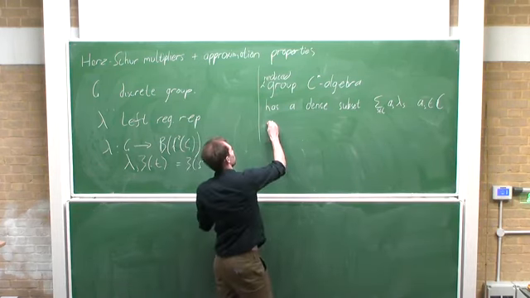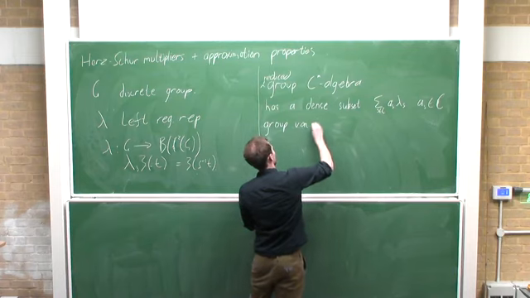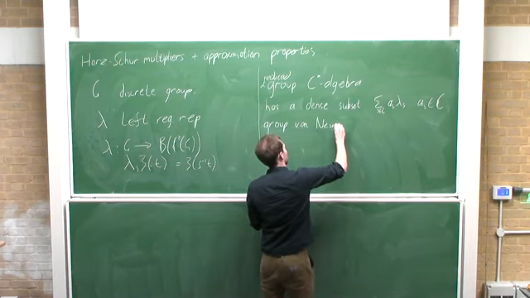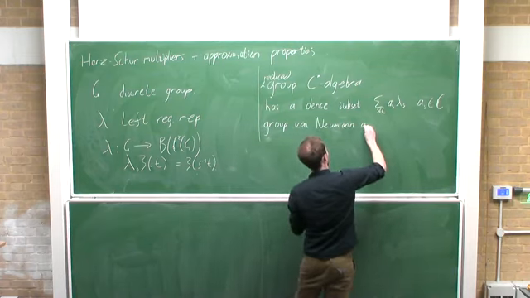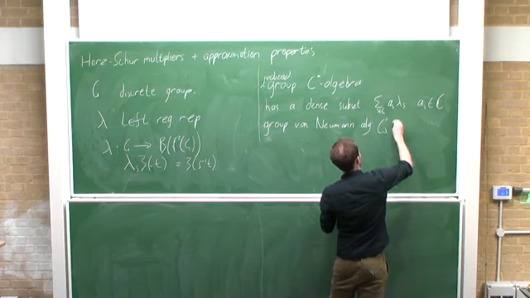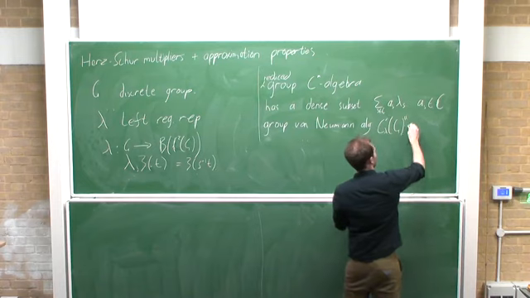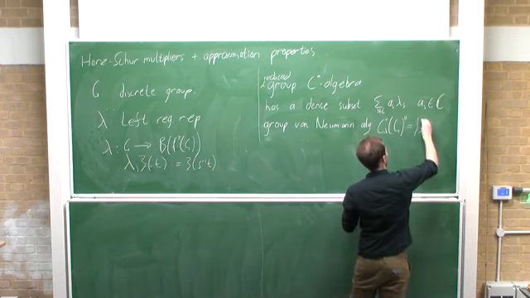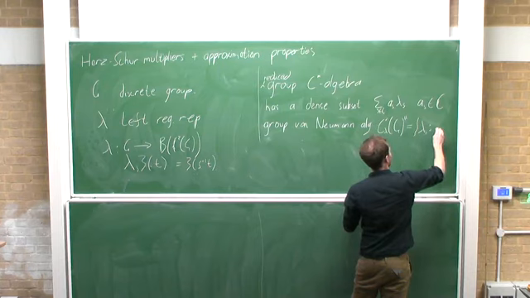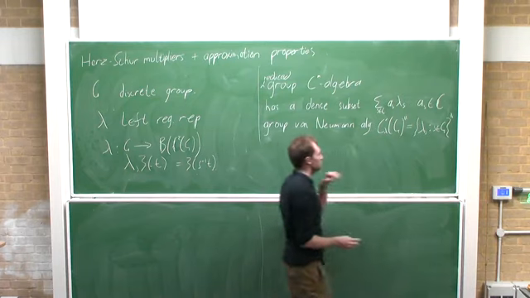And then there's also the group von Neumann algebra, which is the second commutant, or if you prefer, the second commutant of this set.